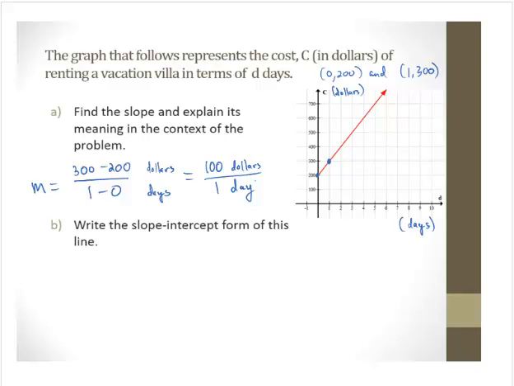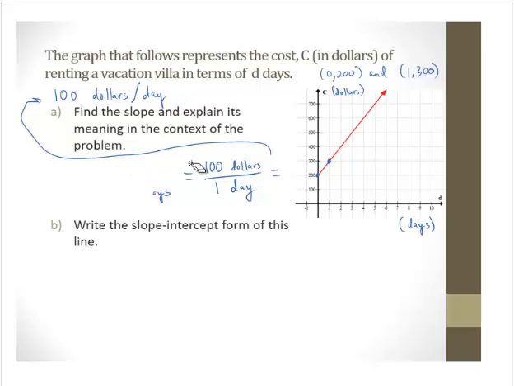Now, we usually abbreviate that. 100 divided by 1 is 100, and so I would write the slope as, let me move up here, $100 per day. So, find the slope and explain its meaning in the context of the problem.